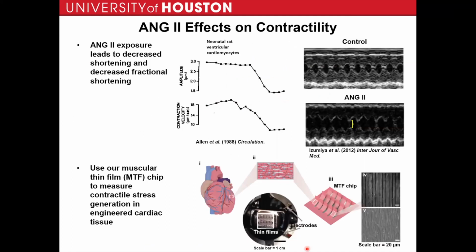Our final assay for this study was looking at functional readouts, again with our engineered cardiac tissues. Within rat hearts, it's been shown that angiotensin II exposure leads to decreased shortening and fractional shortening, and also in mouse hearts. We can't really measure contractility within our system, but we can measure contractile stress generation.